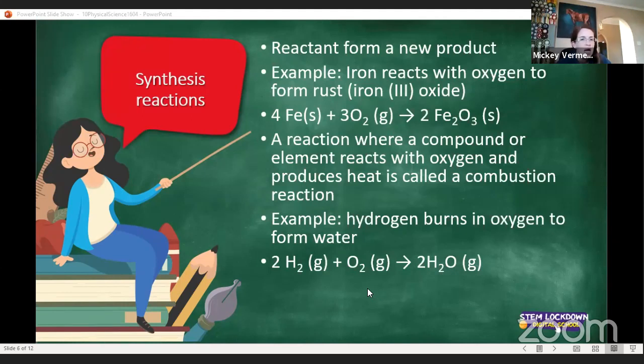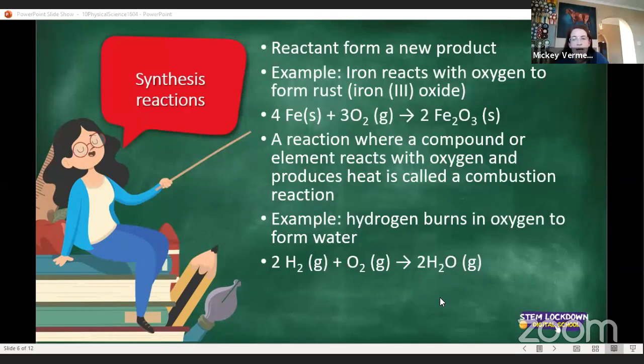How do you know that an element is a solid, liquid, or gas? Just by looking at the periodic table. Metals are always solids, unless it is mercury, that is a liquid. So metals are always solid except mercury, which is a liquid. All the noble gases are gases.